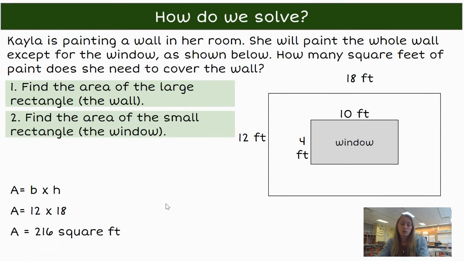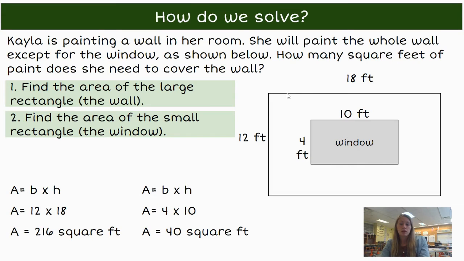Now for step two, we need to find the area of the small rectangle, which in this case is this shaded gray part, the window. So we're going to have to do another equation of area, which is base times height, and this is 4 times 10. So the area of this shaded part, the window, is 40 square feet.